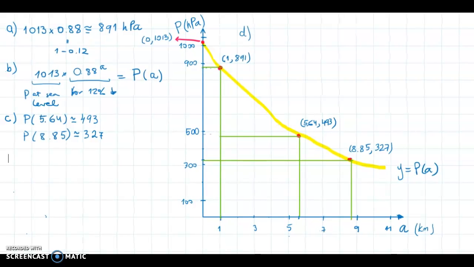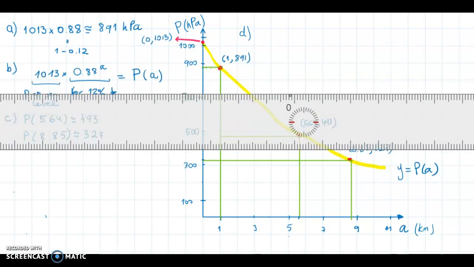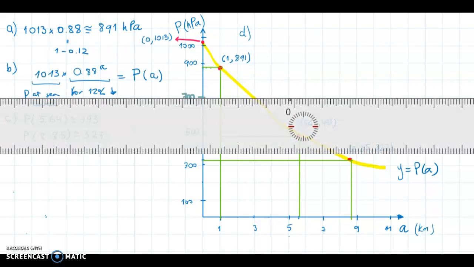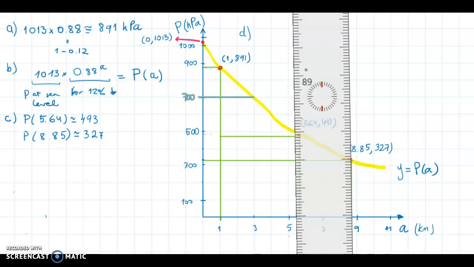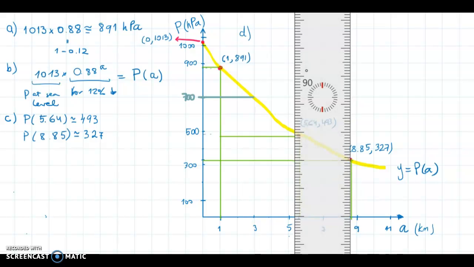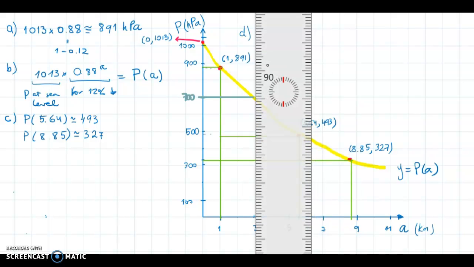So I'm going to mark 700 over here. And I want to see what is the corresponding point in the function for this pressure of 700. That's over here. And then I want to mark what is the altitude that corresponds to that. So I need to go down and see what that corresponds to on my graph.